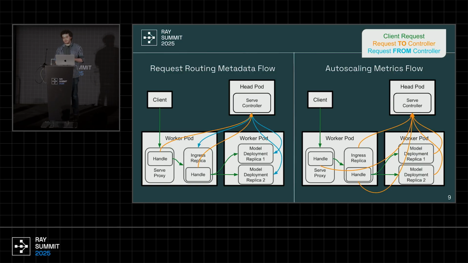So it's actually recording information on both sides. The replicas are recording how many requests they've processed, and the handles are recording how many requests they have sent to each replica. I think, actually, I might be a little outdated on this because things have been changing upstream in Ray. I think there's even more information that gets propagated in that flow these days. But the arrows are correct. I think there's just even more information that's carried there.